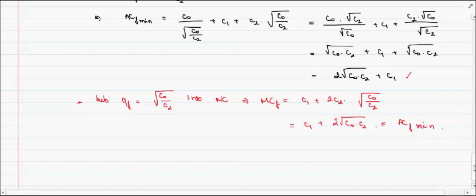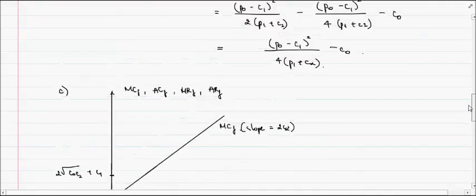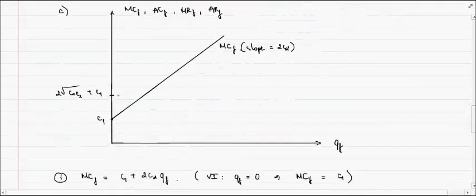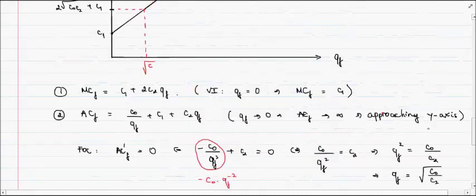Okay, so we know that at this minimum point, the average cost is going to be equal to the marginal cost. Therefore, when you draw a diagram, you have to make sure that this point is also lying on the marginal cost. So this is going to be the minimum point where Q equal to square root of C0 on C2.